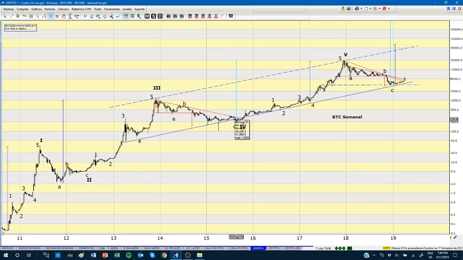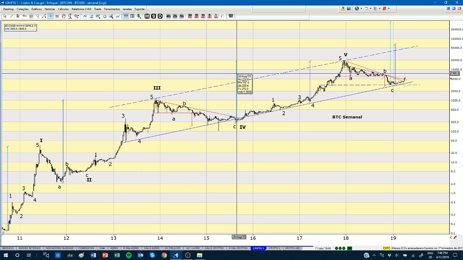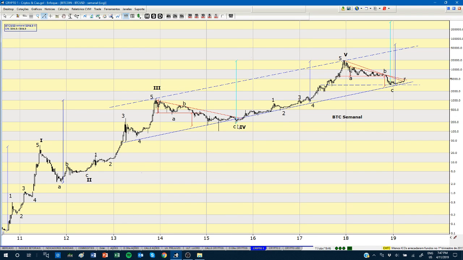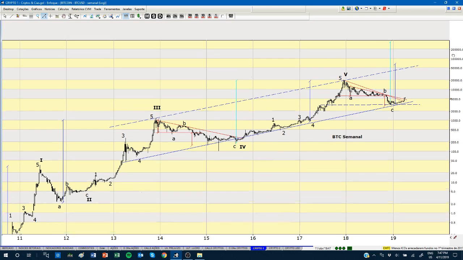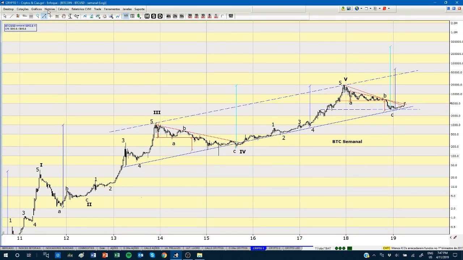But if the performance of this next upward movement equals the last upward movement, which was from 2015 to 2017, then we have this segment here. It would take us to $300,000 plus, 330 or some 300 and some $1,000.